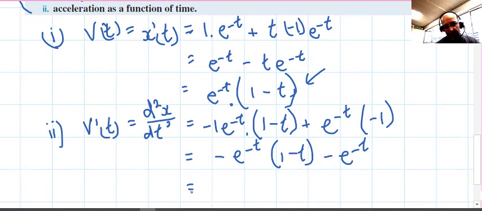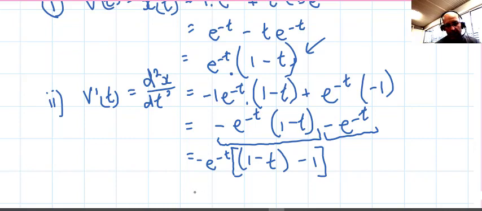We can look at the two terms here. There's one term, there is another term, and there's a factor of e to the negative t. And we can factorize that by taking that factor of negative e to the negative t outside. We get that there.